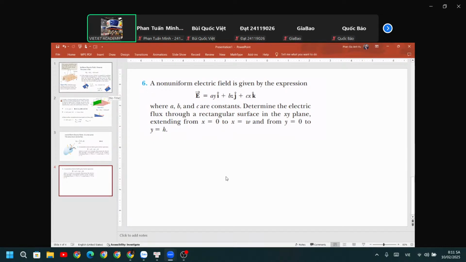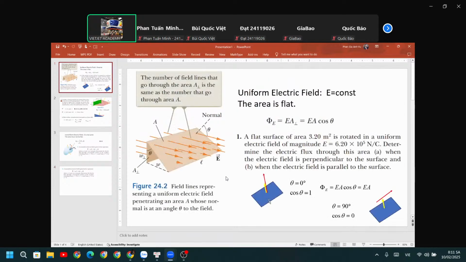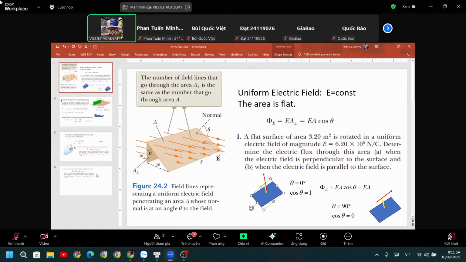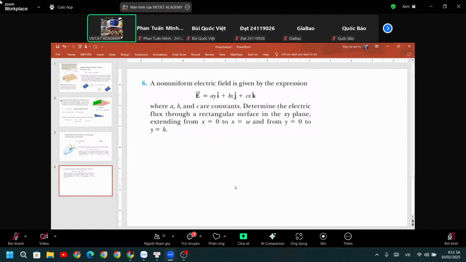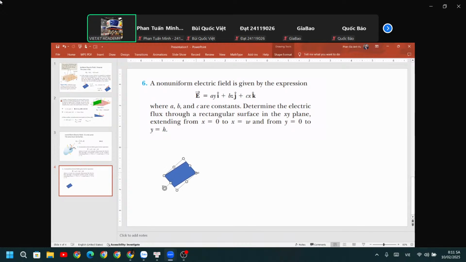So first of all, you have to identify the surface, right? According to the problem here, the surface can be this.